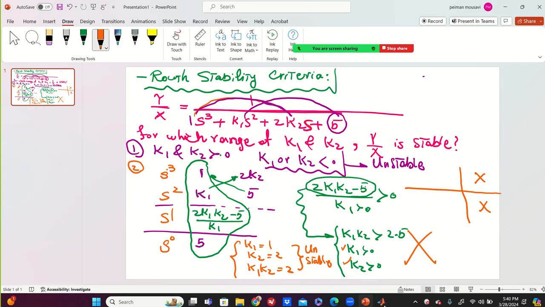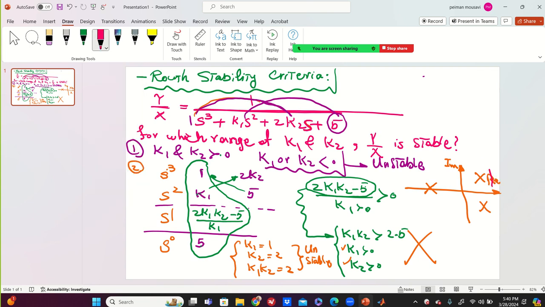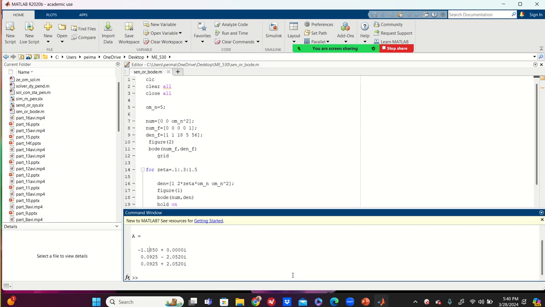Real number. And here we go. See? Imaginary and the real. So obviously this is an unstable system because of this right-hand side pole. Now you know it in MATLAB.